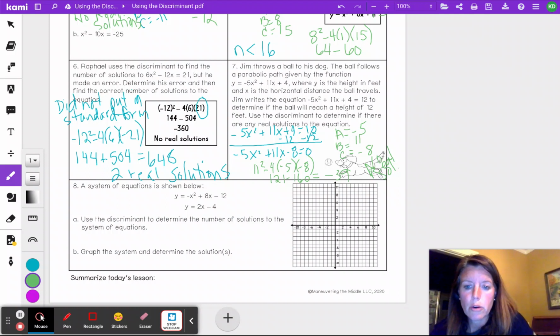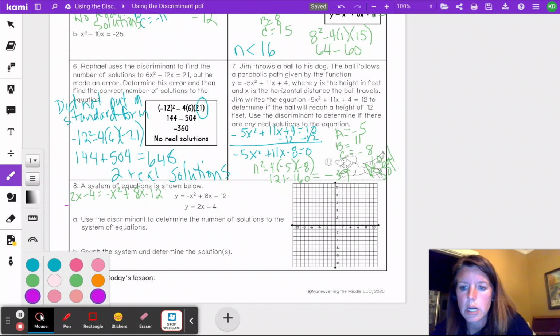All right, and these are both equal to y, so we can just set them equal to each other. So 2x minus 4 equals negative x squared plus 8x minus 12. I'm going to subtract 2x minus 4 from both sides.